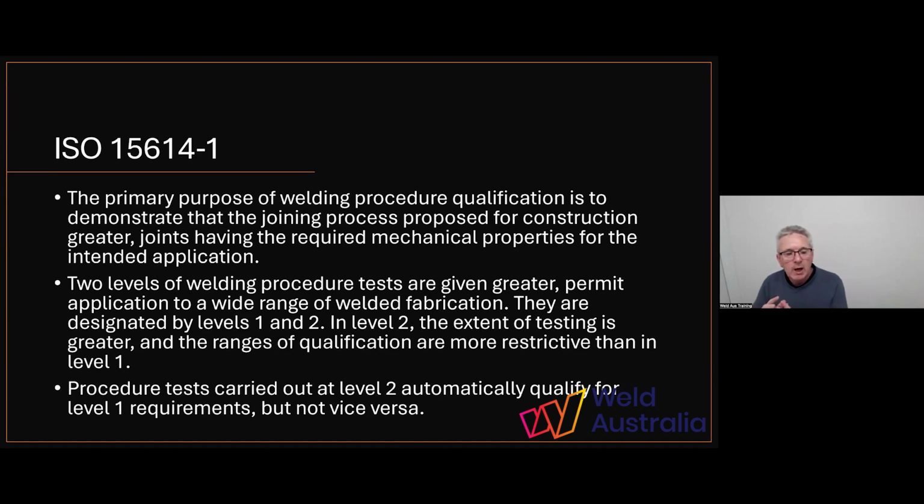If you do tighter testing requirements and it complies, it will automatically cover you for those lower levels, but not the lower level going to a higher level. So often you'll see companies qualifying to pressure vessel standards and also being covered for structural at the same time, because they're covering their options. So they don't have to redevelop weld procedures and so forth.